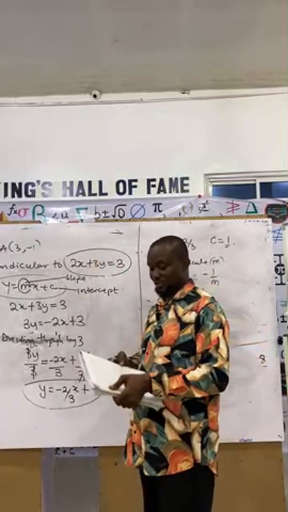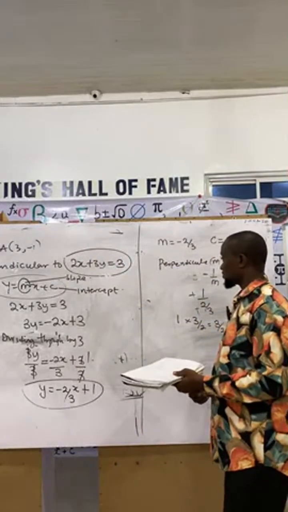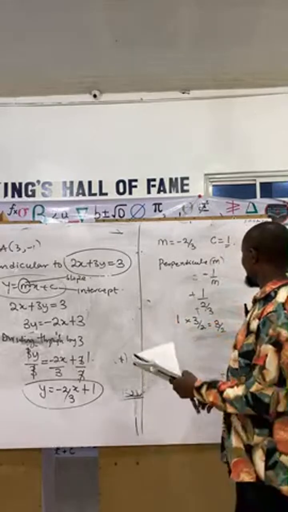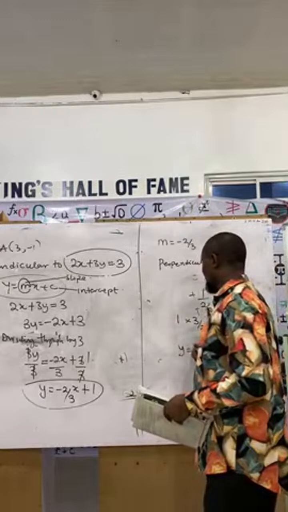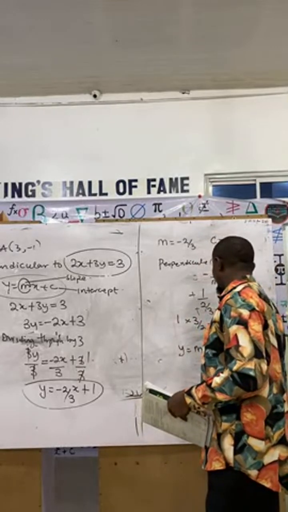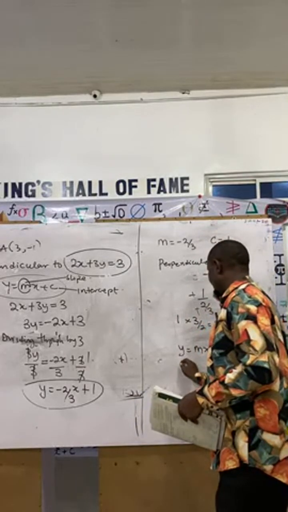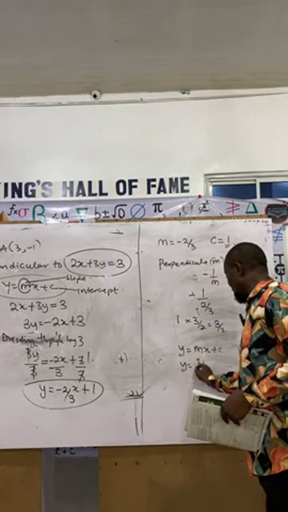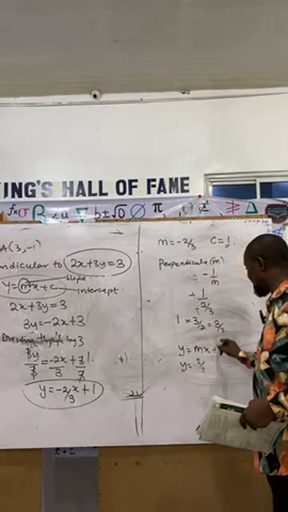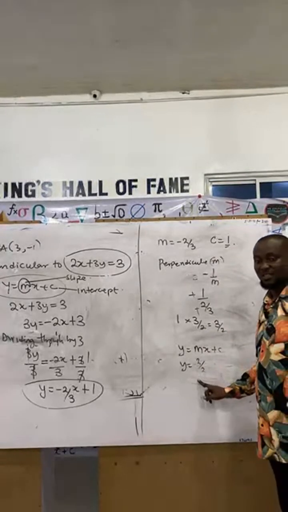You can now return to the original expression. The original expression is that y equals mx plus c. So therefore my y will now be, m is what? 3 over 2. That's the value of m in that place.